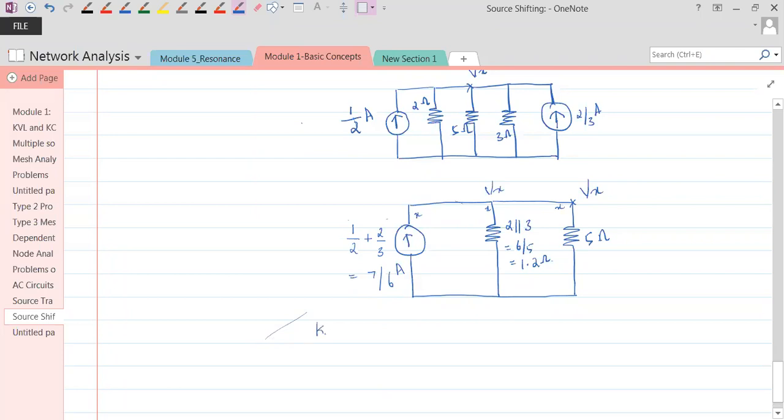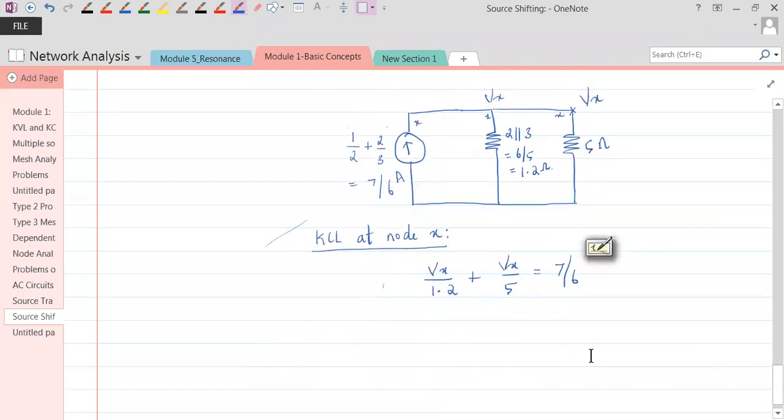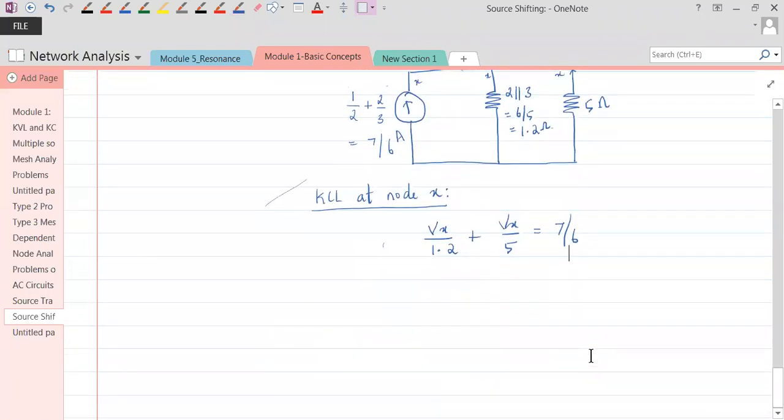So KCL at node X. There are two currents leaving. So Vx by 1.2 is leaving plus Vx by 5 is leaving and 7 by 6 is entering. Okay, so from this, if we find out Vx, it would turn out to be Vx equal to 1.13 volts.